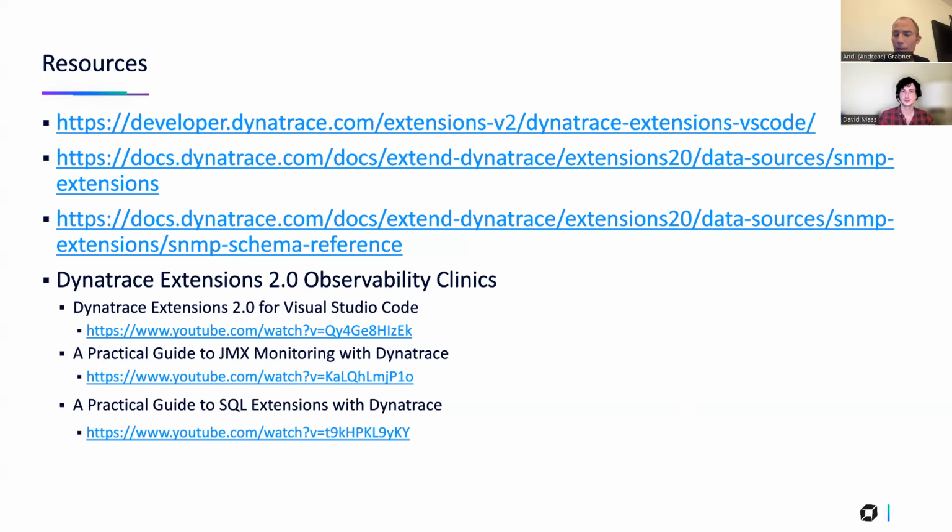But is there anything planned where people can, with point and click, create an SNMP extension just by defining the OIDs in Dynatrace without having to go through an extension? So more like a generic extension that allows you to just define OIDs in the Dynatrace UI. Do you know if anything of that is planned?